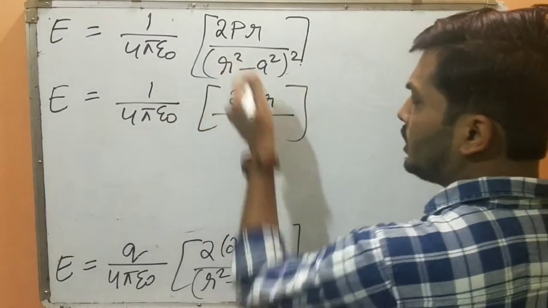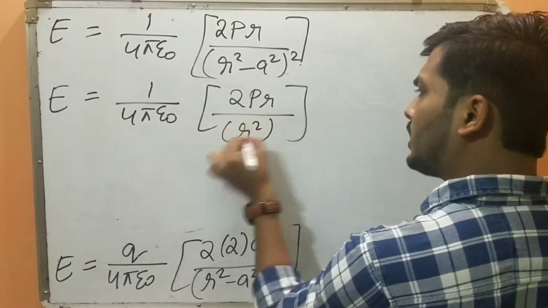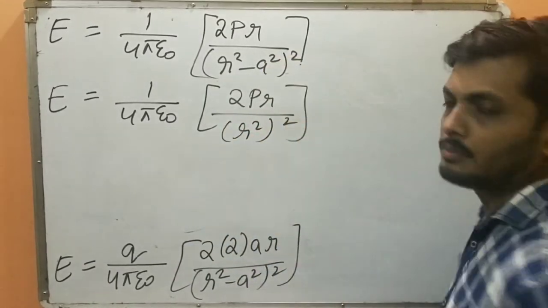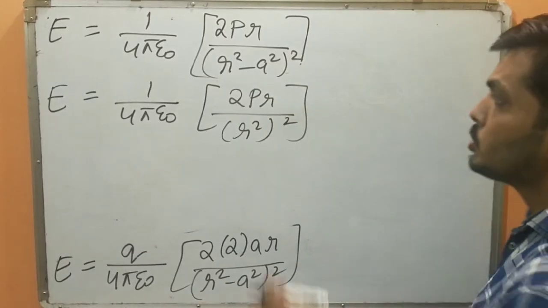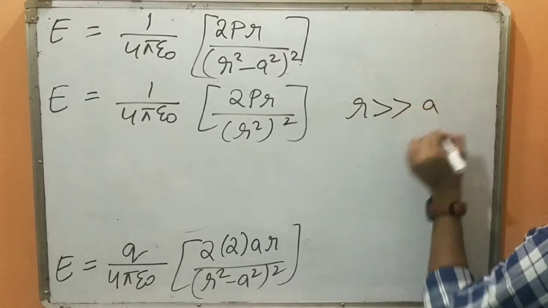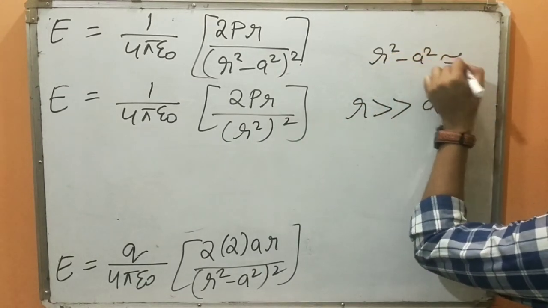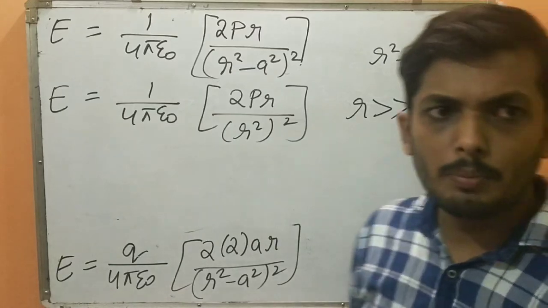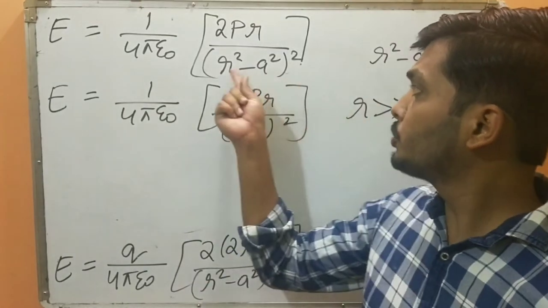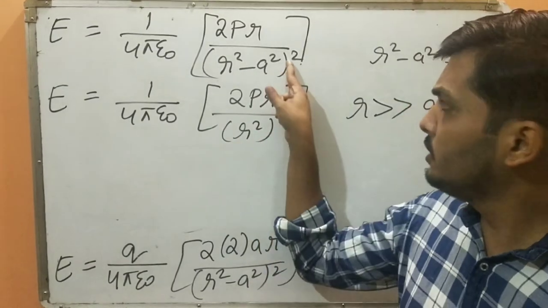So what I am doing here, r square minus a square is nearly equal to r square, and the whole square here. So what is the reason you are going to write? Since r is very much greater than a, therefore r square minus a square is nearly equal to r square. Please understand this statement. I am reducing it to r square, this whole square.